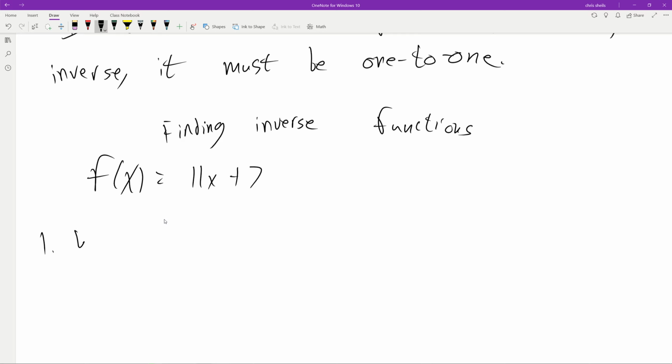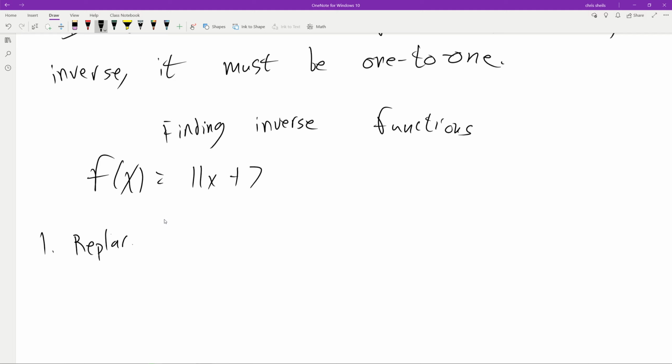First, I'm going to replace f of x with y instead. They're really the same thing.